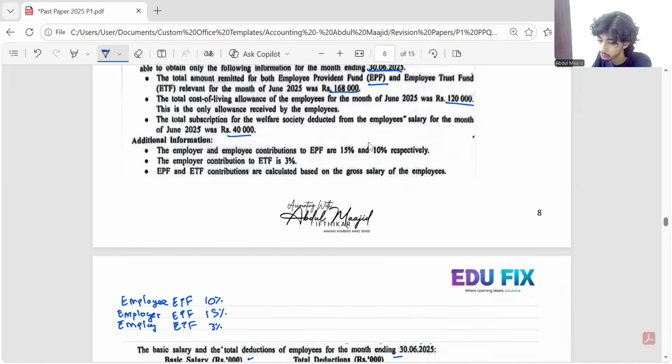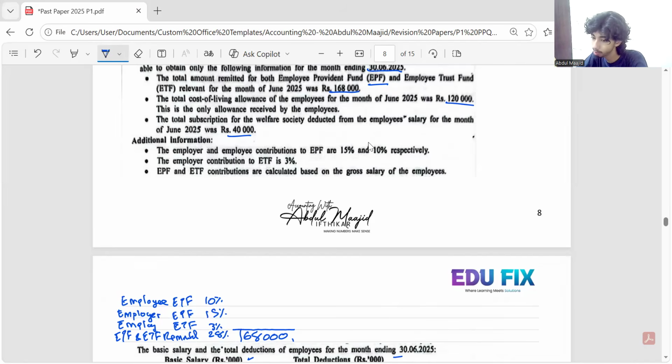This totally, only the EPF and ETF remitted amount, that is how much? 28%. That total amount is given here as 168,000. Then how can you find each individually?